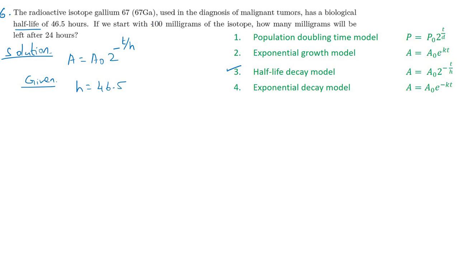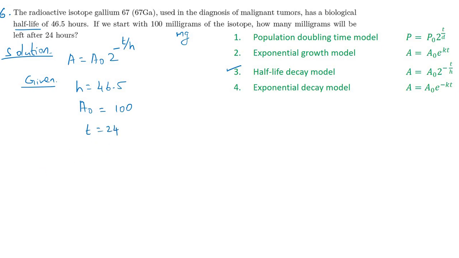We are starting with the initial value A naught equal to 100 milligrams, mg. How many milligrams will be left after 24 hours? That means T equal to 24.